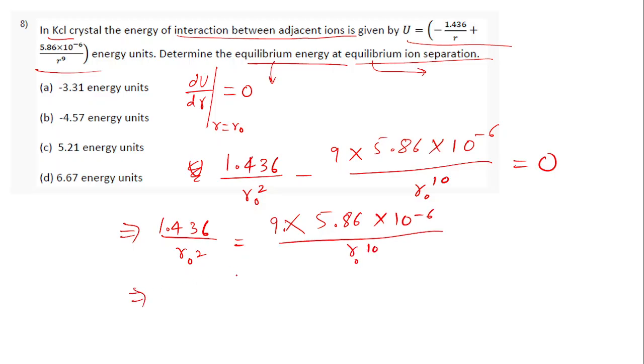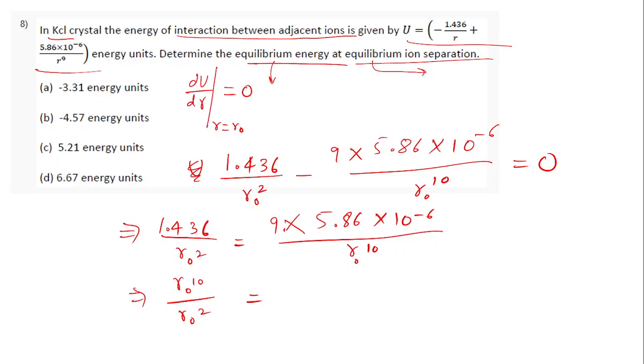Now again I will bring this denominator to this side, it will become the numerator, R naught to the power 10 divided by R naught square. Now this I can calculate actually, let's just calculate. I have my calculator with me for this.